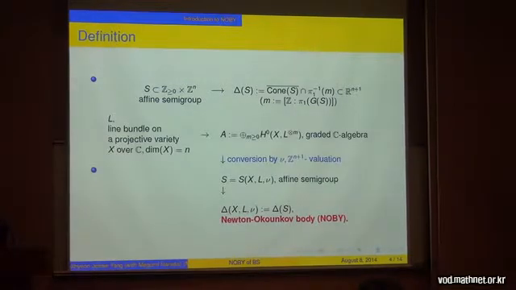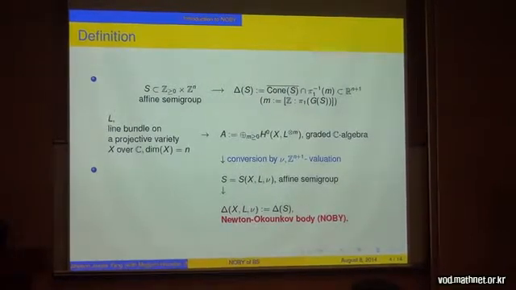So let me tell you one case of the Newton-Okounkov body. Suppose we have a line bundle L on a projective variety of dimension n over the field of complex numbers. Well, what we just need is an algebraically closed field with characteristic 0.